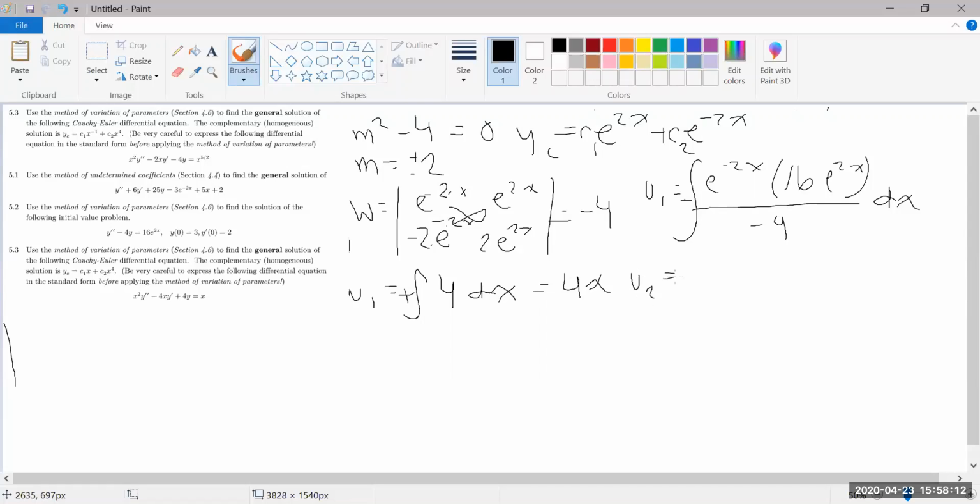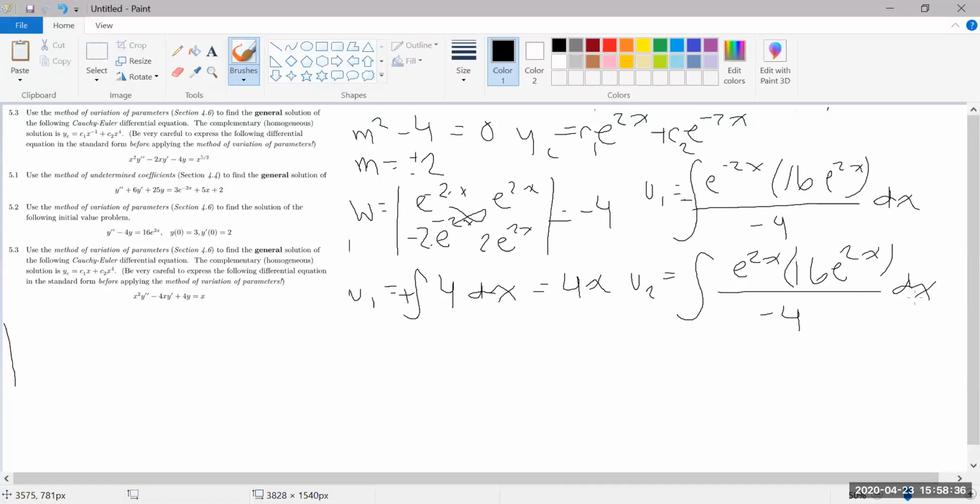So for our u2, I'm going to use e to the 2x, and then times that 16 e to the 2x divided by negative 4 dx.